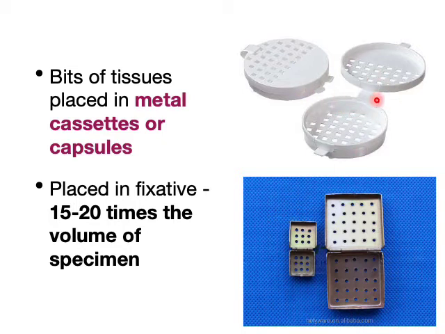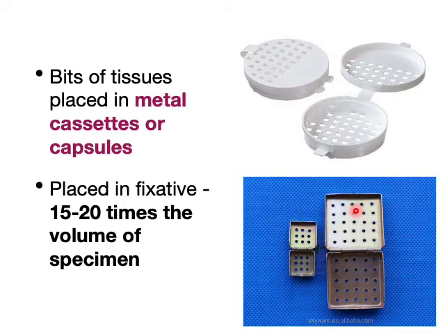For the fixative, we have to take 15 to 20 times the volume of the specimen. The specimen is the tissue, so the fixative volume should be 15 to 20 times the volume of the specimen.